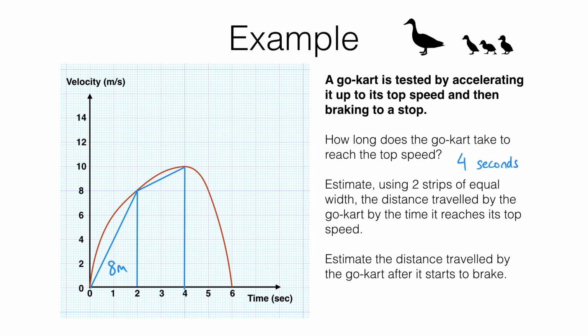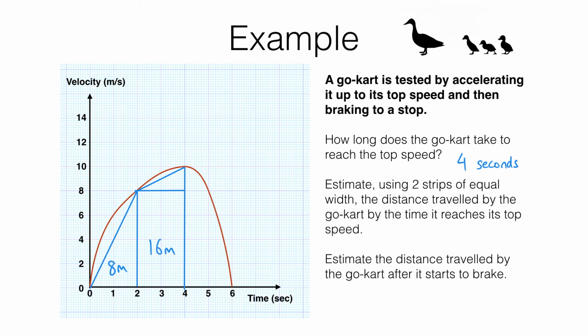Now, for the area of the trapezium, you can either use the formula or you can split the trapezium up into a rectangle and a triangle. I'm going to split it up like this. This rectangle has an area of 2 times 8, which is 16, so that's 16 meters.